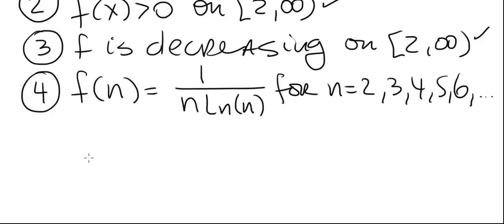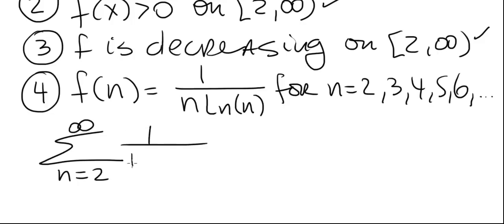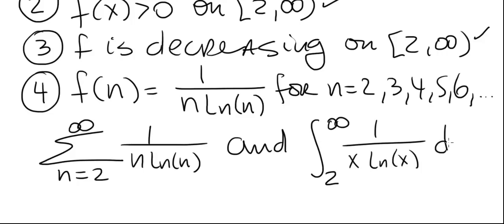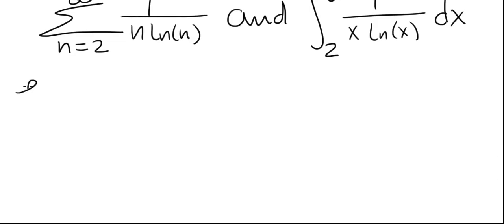So because these 4 conditions are met, we can now conclude the following. Our series n equals 2 to infinity of 1 divided by n times natural log of n, and the improper integral from 2 to infinity 1 divided by x times natural log of x, either both converge or both diverge.